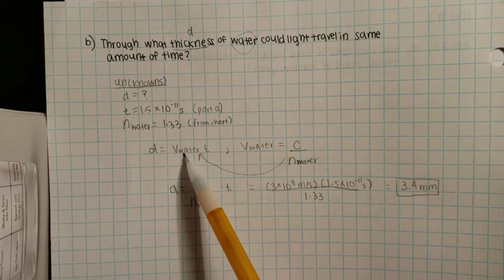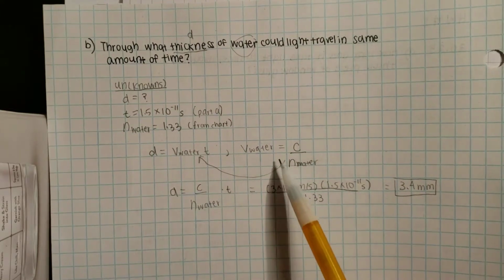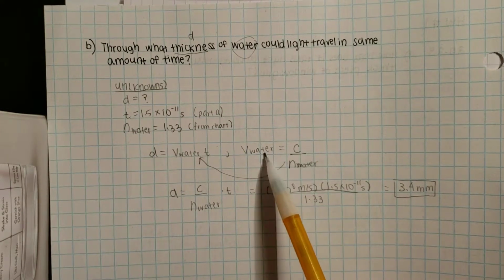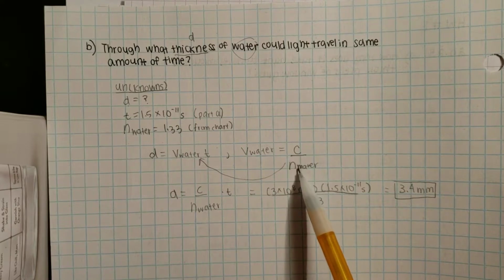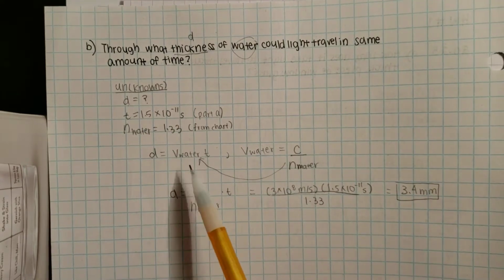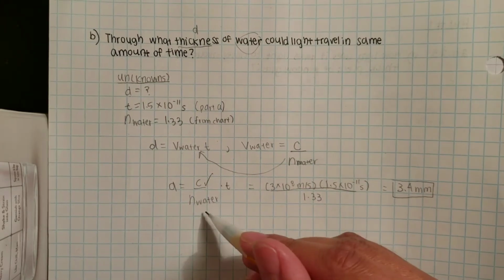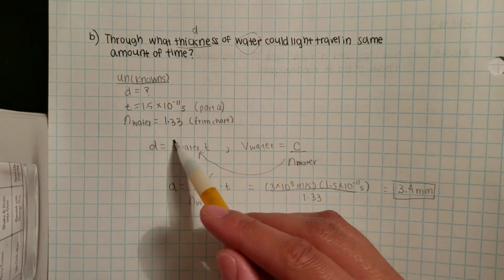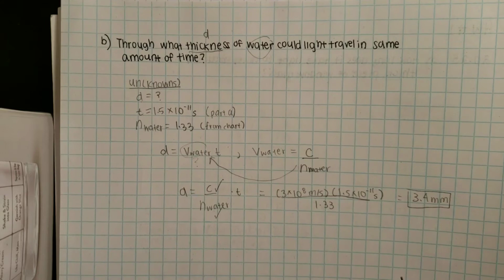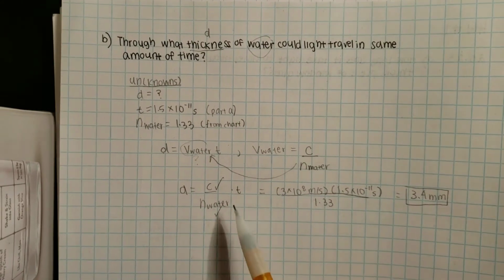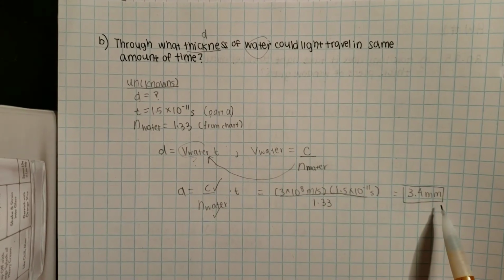But instead of V of glass, it's V of water, and we can use the substitution V of water equals the speed of light over the index of refraction, because we know C, and we know the index of refraction for water, but we don't know the velocity of water. So we just plug and chug, and we get 3.4 millimeters.